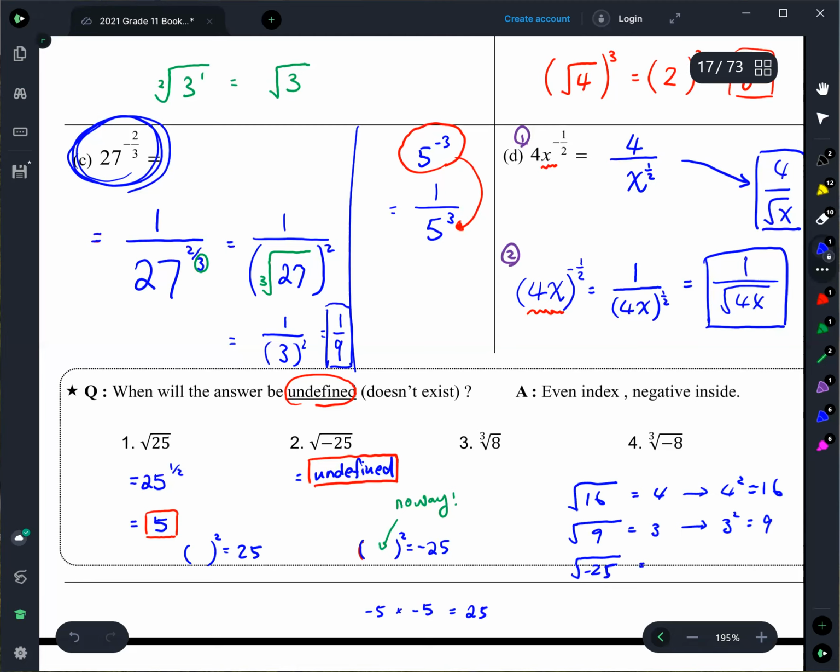equals something, that means you're asking what number squared can be -25. So this number you're looking for has to be in the square. So if anything goes into the square, when you square, it's impossible to become negative.